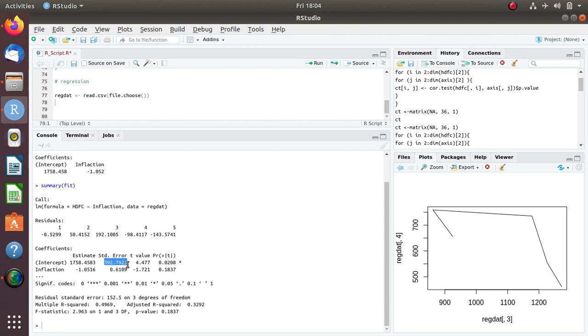Now this is the standard error. The estimate divided by the standard error yields the t-value, and this is the p-value for this t-value. Now what do we need to do with this t-value and p-value? That is the focus of the discussion. Whenever we perform the regression, we need to test the hypothesis that alpha is 0. That is the null hypothesis.